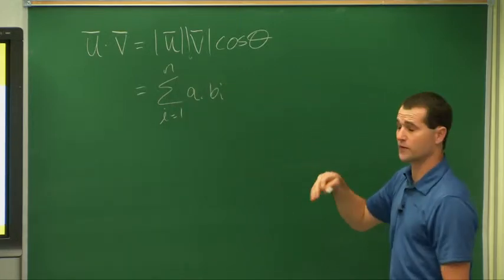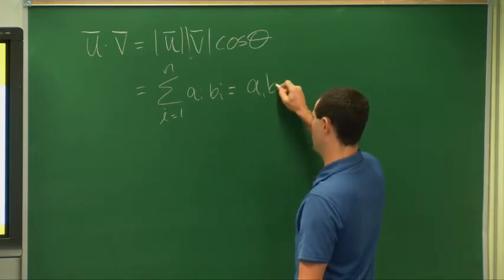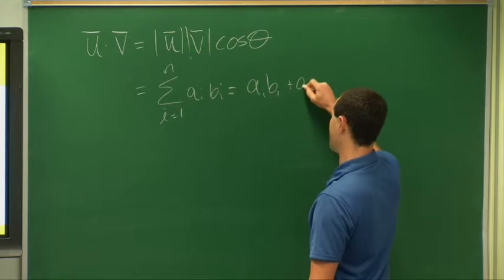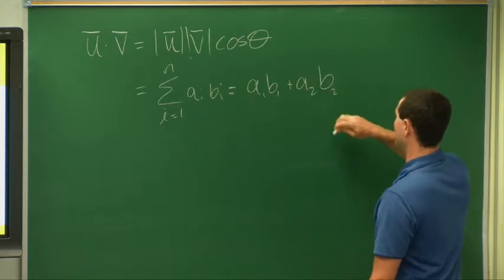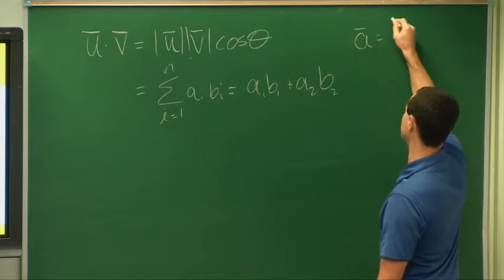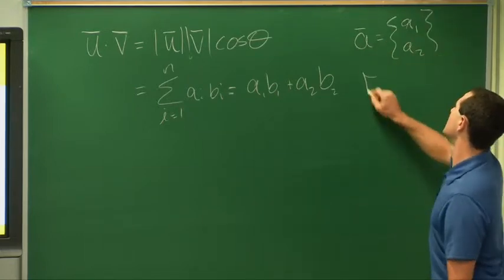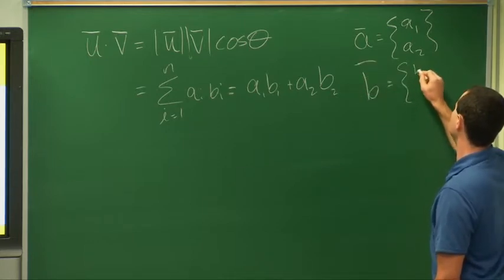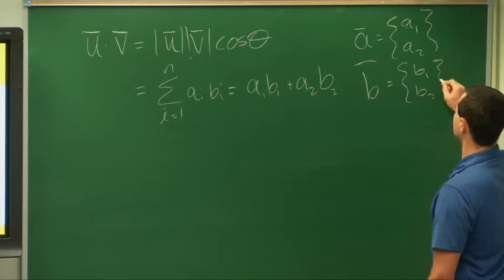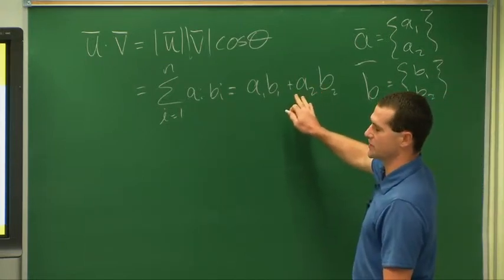In other words, for a two-dimensional vector, this would be a1 b1 plus a2 b2, where these are each of the components. A would be something like a1, a2, and B would be b1, b2. That's just by definition.